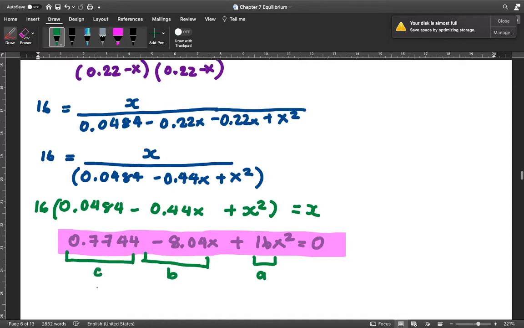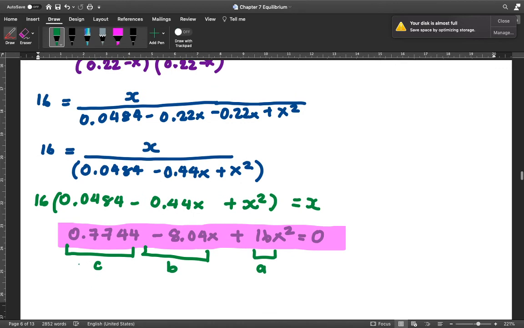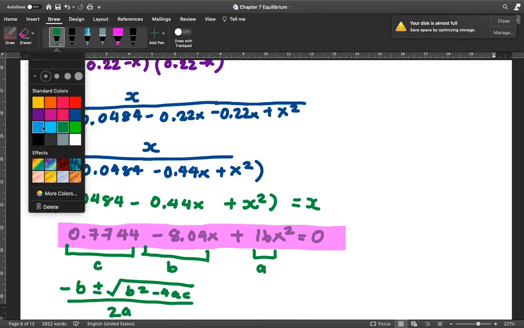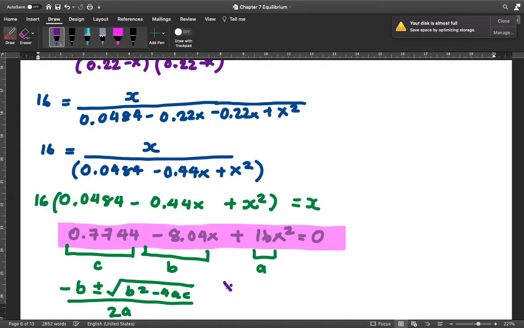So using our quadratic formula, which is negative b plus or minus square root of b squared minus 4ac over 2a, I can solve for the value of x. And when I solve, I know that there are two different possibilities. So I get the answer x is equal to 0.37, or I can get x is equal to 0.13.